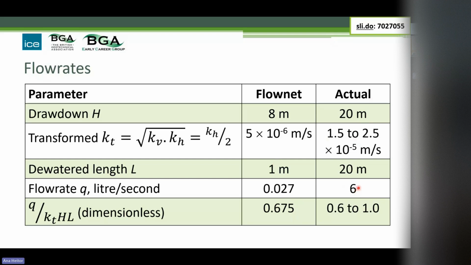But the important comparator is actually the dimensionless flow rate, which is the actual flow rate divided by the permeability, divided by the head drop, divided by the length. And you'll see that from my flow net, it came out as 0.675. And the actual one, depending on how you take the permeability, was between 0.6 and 1. So the simple model actually gives us not a bad representation of what goes on.